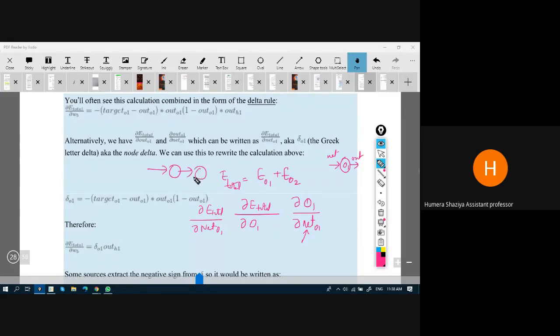This one is dependent on this value and this value. So del E total over del W5 is equal to del O1 out O1 into out H1. This one has this one, and this process continues.